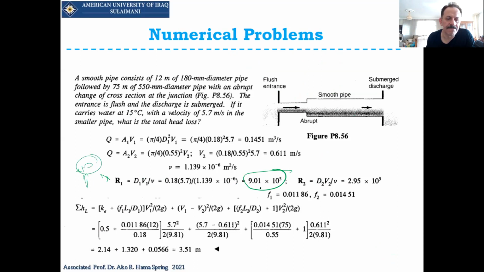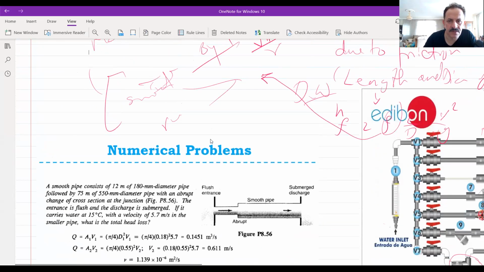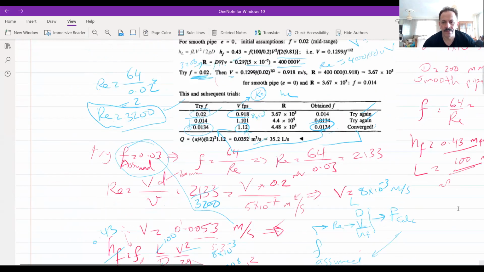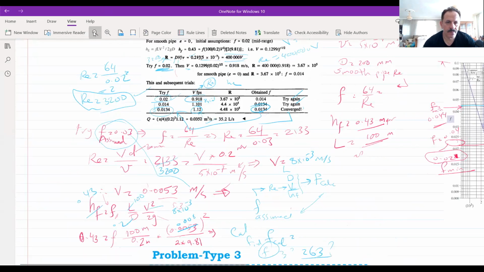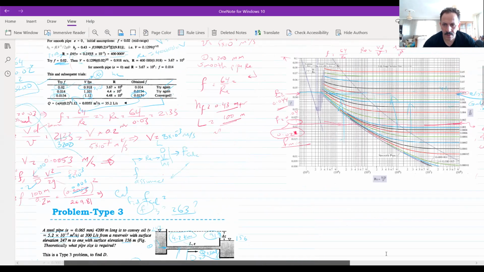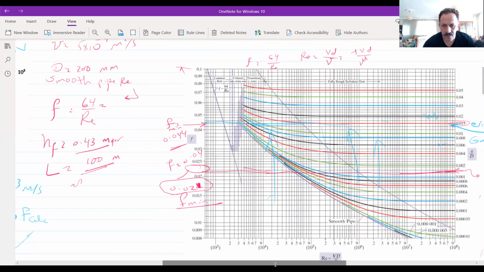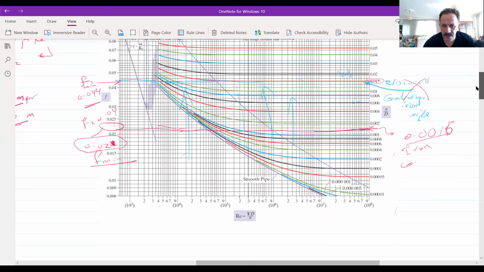So from 9 times 10 to the power 5, which means 900,000, I will go to the Moody diagram and find the Reynolds number there.